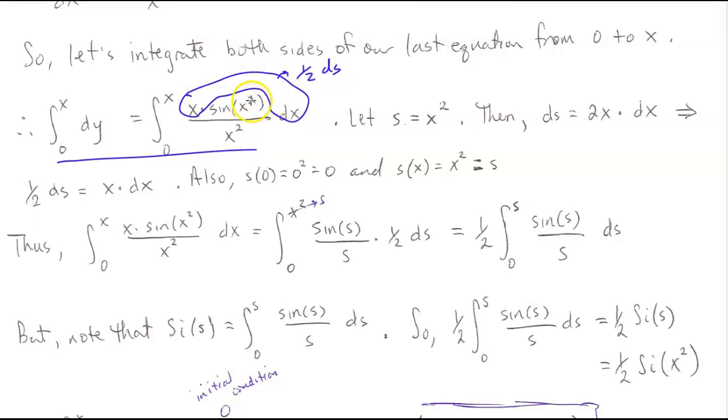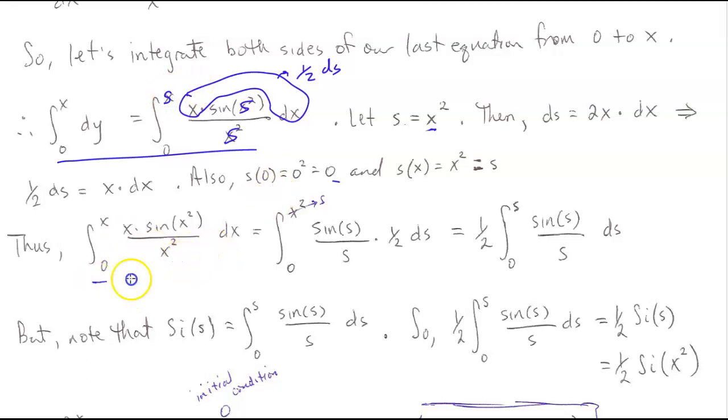And of course, this will be s, that will be s there. And so, of course, we'll figure out what the limits of integration here will be in just a second. If we stick 0 into here, that's going to give us 0. And if we stick an x in there, it's just going to be x squared. Okay, so x squared is just going to be s. So what we could do here is just replace this with s.